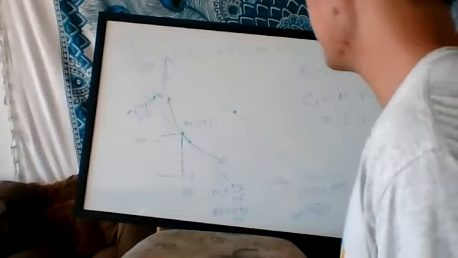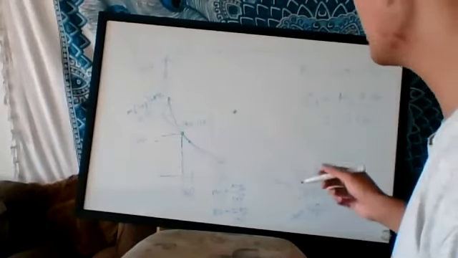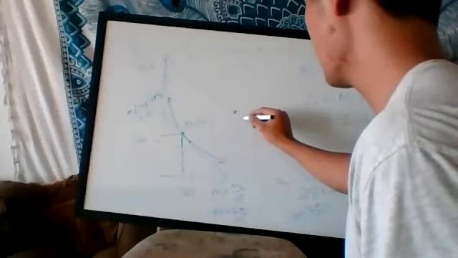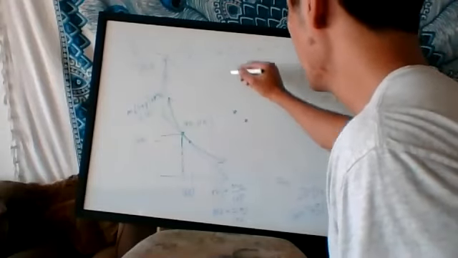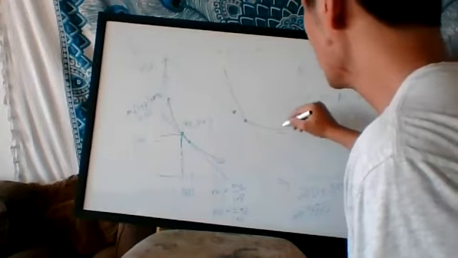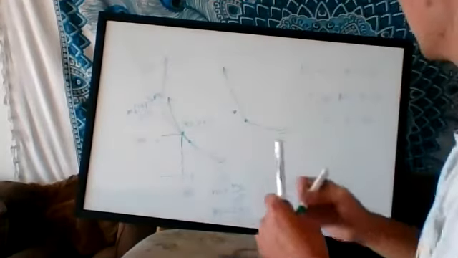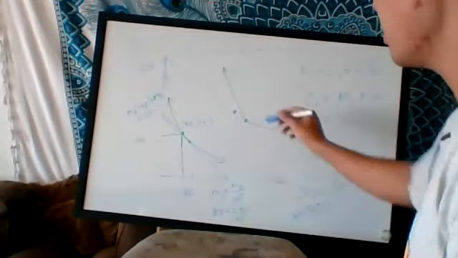So they're going to be around here. So you draw an indifference curve like that. And you also want to find out what this bundle is.